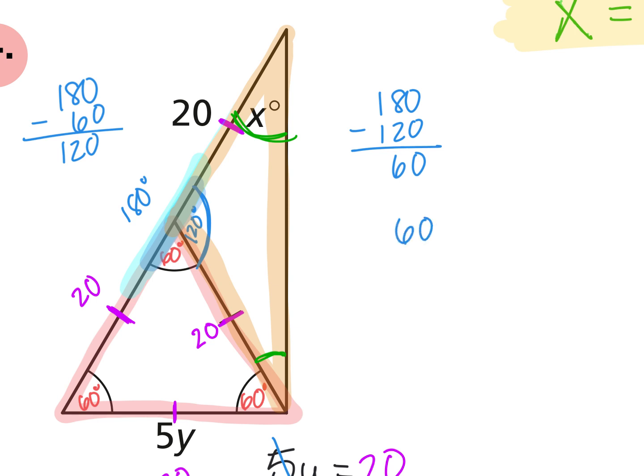Good. 60 divided by 2, what would I get? 30. Good. So X equals 30 degrees. So yes, with practice, you guys could skip some of these steps, but please make sure you are checking your work and you are working them out correctly.